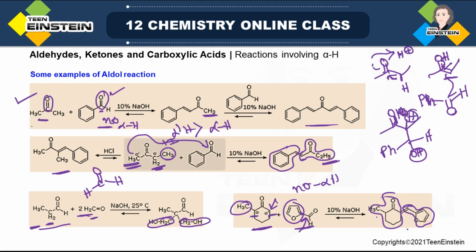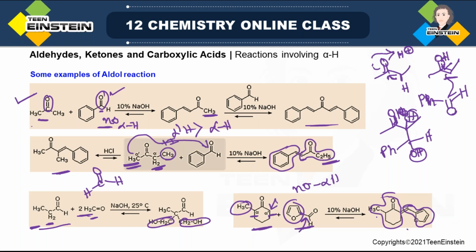So this part we are getting from 2-methyl cyclohexanone and the other part we are getting from furan aldehyde. Now the next reaction that we are going to discuss, you already have some idea about it. I'm talking about cross aldol reaction. When it is cross aldol, you take 2 different aldehyde molecules or 2 different carbonyl compounds, right? In the previous slide you have seen we are using the same molecule 2 times.